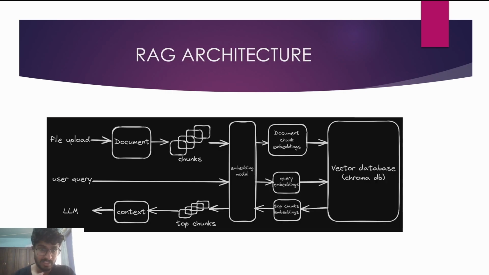Now, before we get into what exactly RAG architecture is, we just need to know one thing. How exactly do we know what text would be used to answer a particular question? Now, texts of any sort, whether it's your query or a particular text from a document, are stored in the form of numbers.